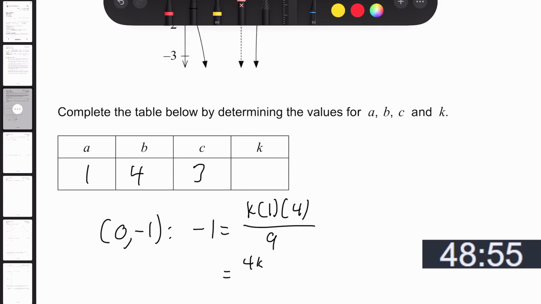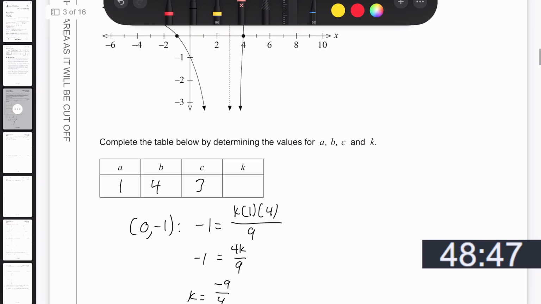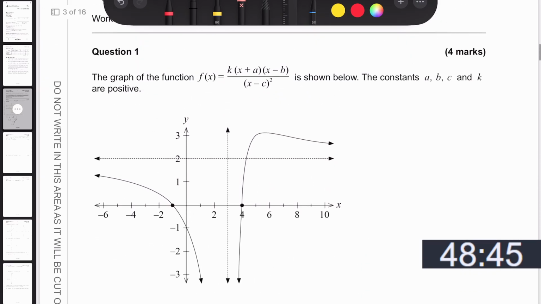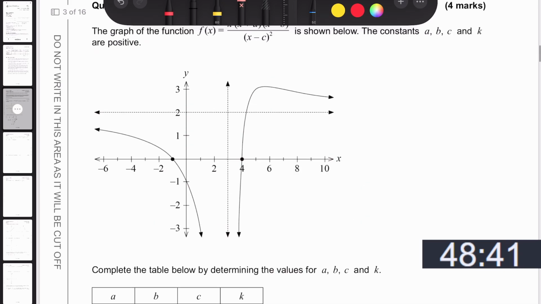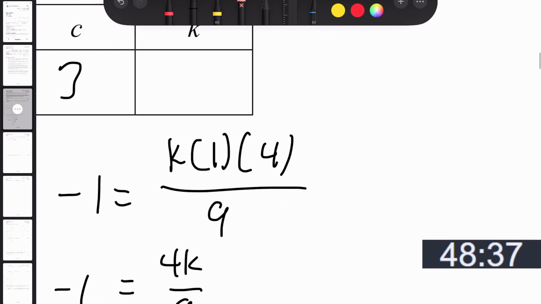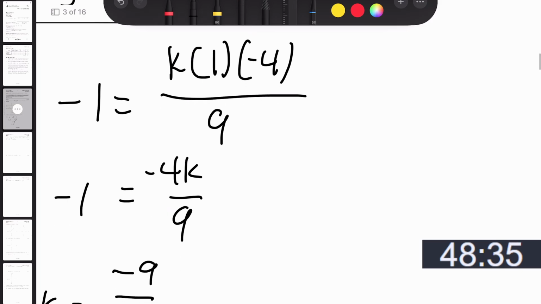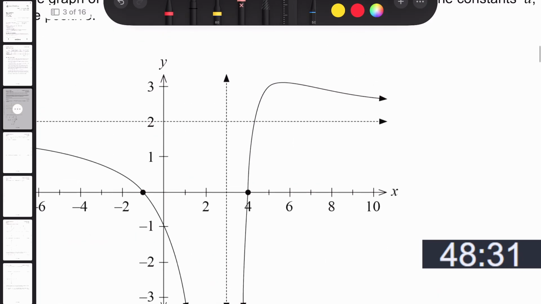So it's equal to 4K on 9. So K is going to equal -9 on 4. Wait, it says A, B, C and K are positive though. Oh, because this will be -4. So -4, so then K is 9 on 4. Okay.